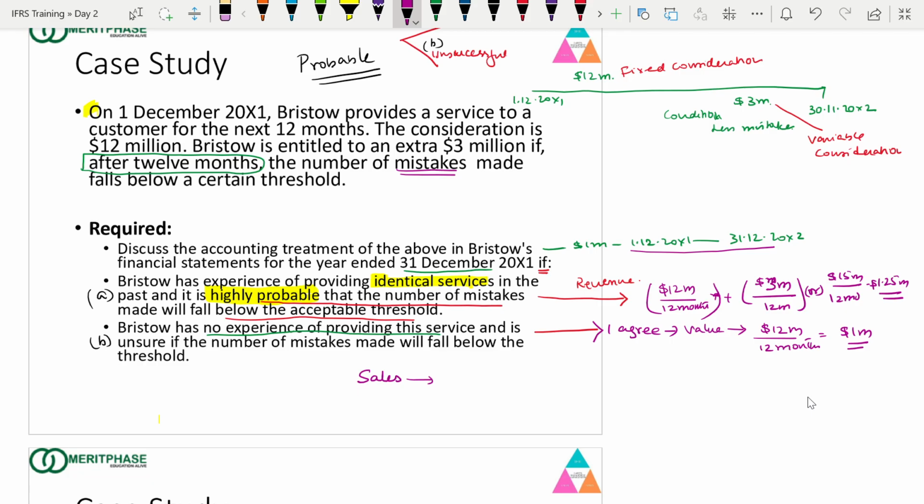The performance will not happen in 1 month, okay? In any case, positive or negative, it will accumulate over a period of time. Why I'm saying we have to take 3 million divided by 12 months? That is more important.